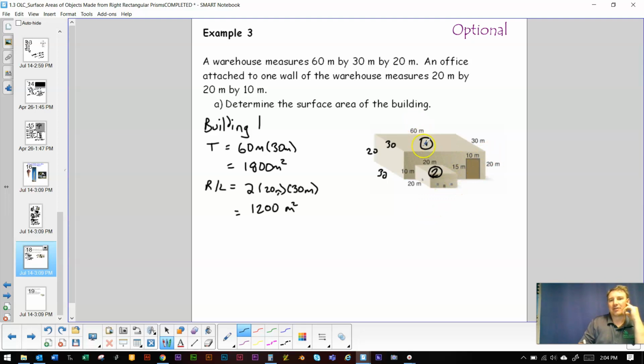Now we've got to do the front and the back. I'm going to subtract this one later. So I'm actually just going to figure out the front and the back as if nothing was attached to it. Okay, the front and back, so it's 60 meters long and it's 20 meters high. So the front and back is going to be 2 times 60 meters times 20 meters.